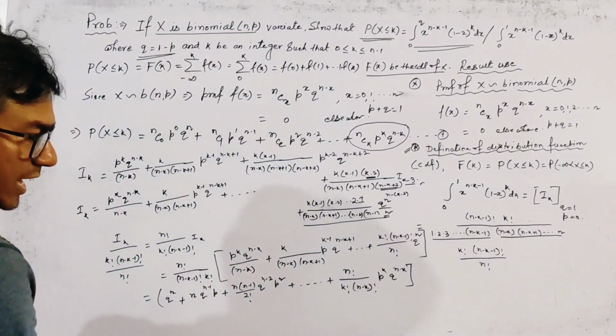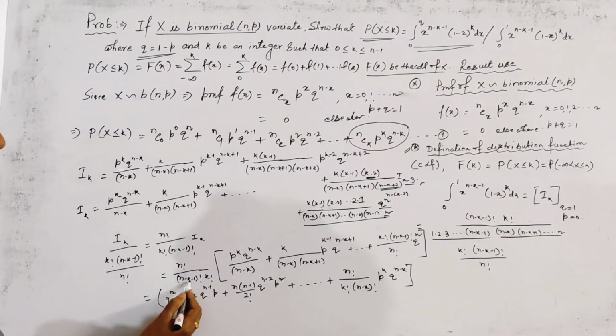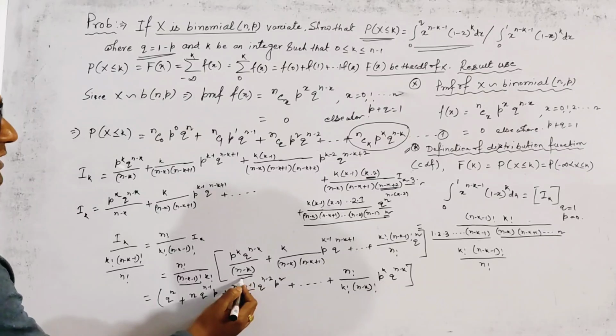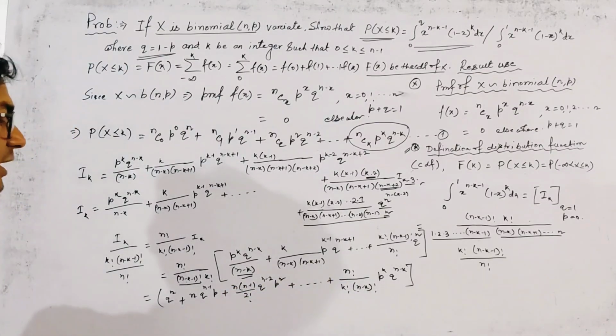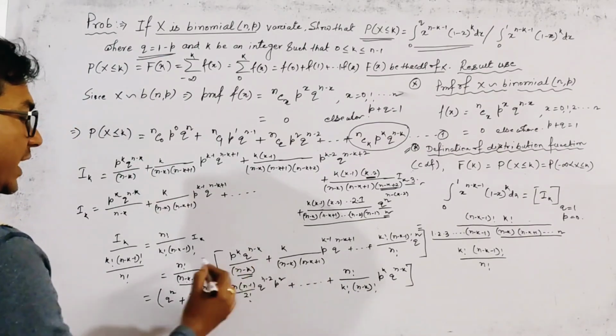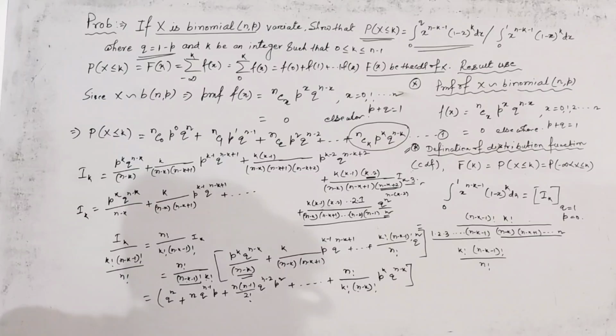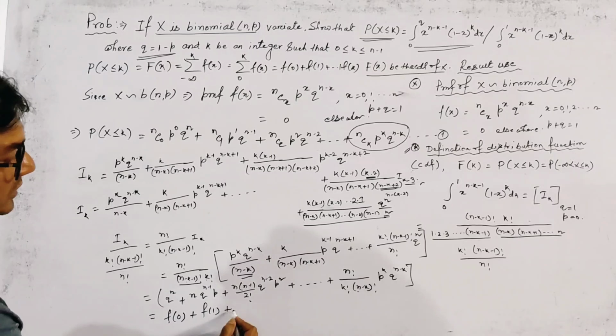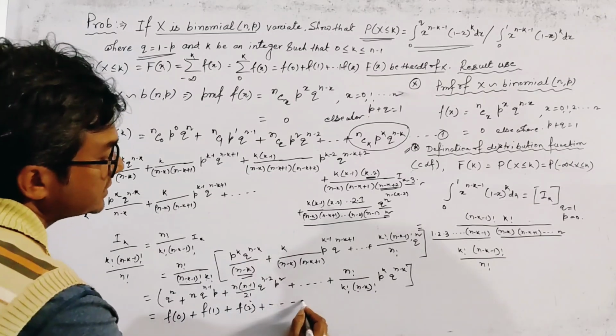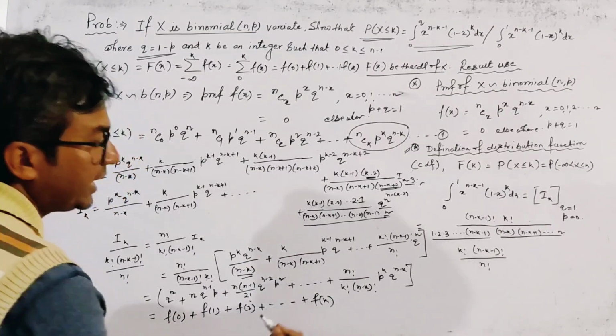This is here, and we get n minus k minus 1 factorial into n minus k, so we get n minus k factorial, and k factorial is here and n factorial is also here. Okay, so we write this as f0, this is f1, this is f2, and this is clearly fk.